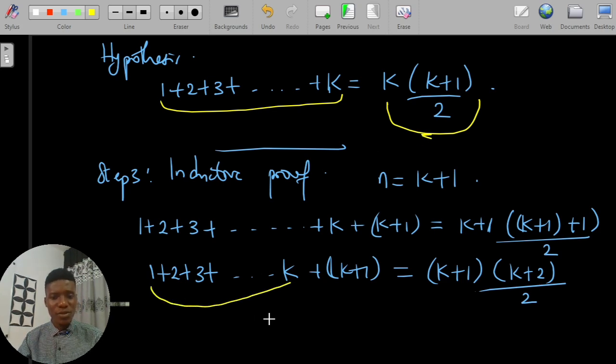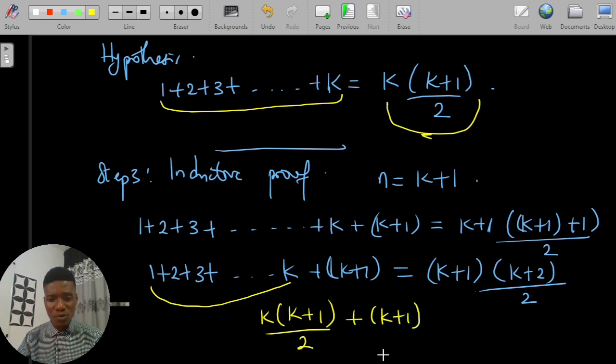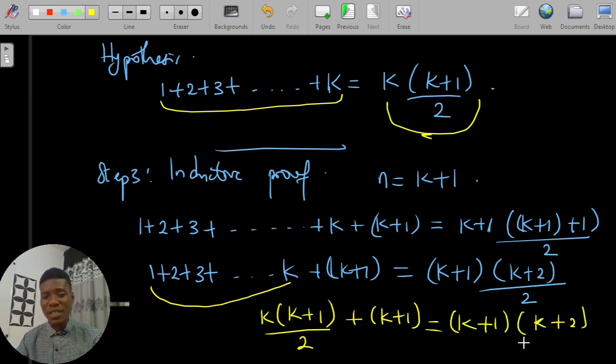And that is going to be k into k plus 1 over 2, then plus k plus 1. So if the simplification of the left hand side is able to give us what we have on the right hand side, then we can conclude that it is true for all the values of n from 1 upward.